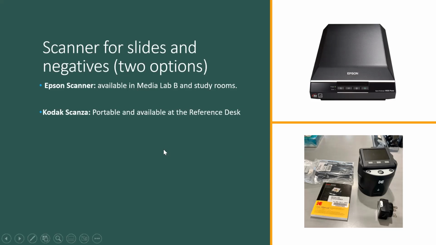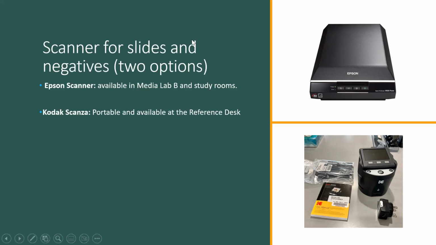You do need to have an SD card because it will scan right onto the SD card. And we have one at the reference desk. If you don't have one, we have one that you could borrow. And then you can move it over to like a USB flash drive. One thing I like about this is that it scans a lot faster than the Epson scanner.